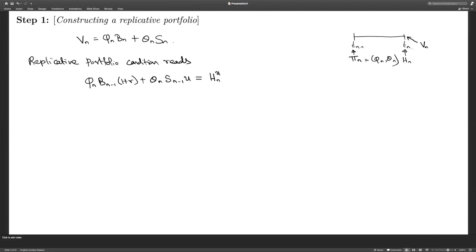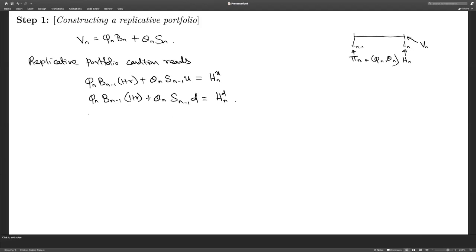This is the notation we have used for the payoff when the stock goes up. And similarly, when the stock goes down, the replicating portfolio condition can be written as: the first term is the same, the second term is S_{n-1}d, equal to the corresponding payoff denoted by Hn^d, right? So one has to solve this linear system to get phi_n and theta_n.